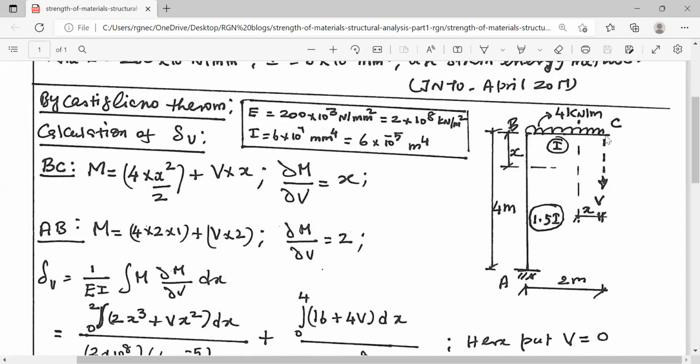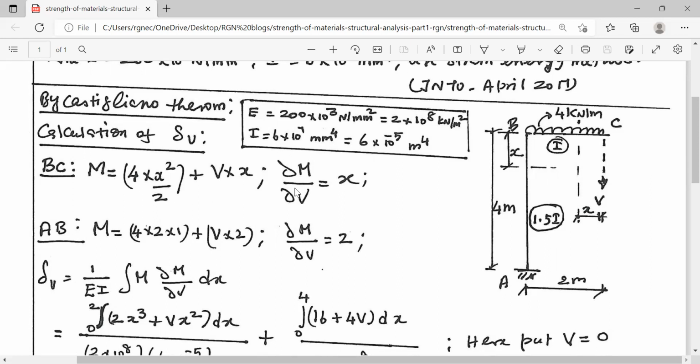Now here first we will calculate the vertical deflection at point C. For this purpose, we have to introduce a fictitious load V at point C. Now for the portion BC, you take C as the reference point and write down the expressions for bending moment at a distance x from C. That is equal to 4 into x square by 2, this is the uniformly distributed load, plus this fictitious load V into x. So this is the expression for M for the portion BC.